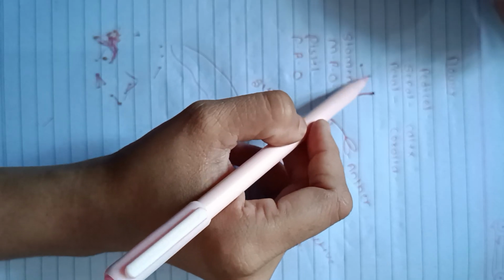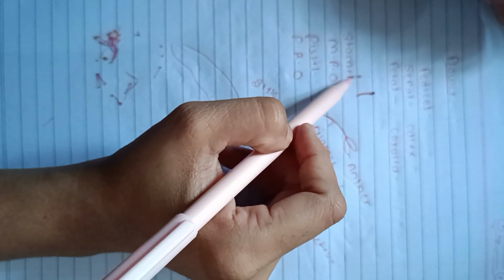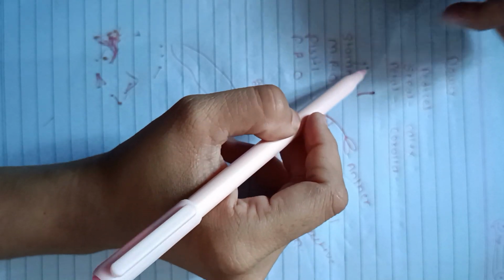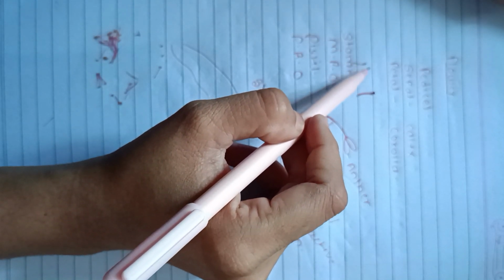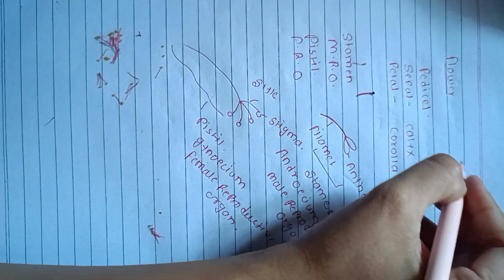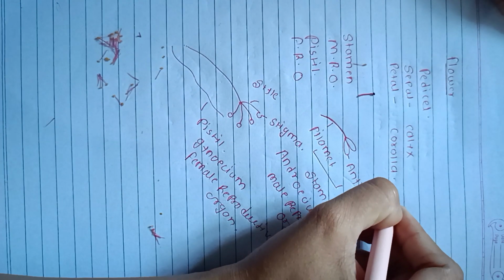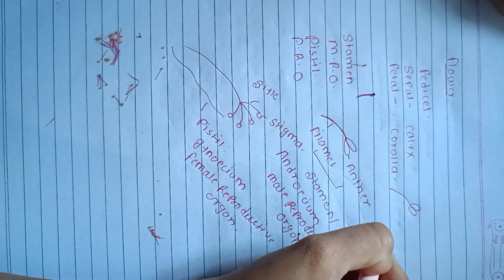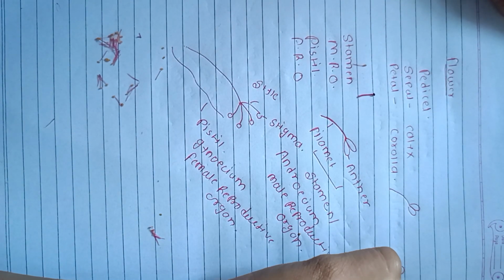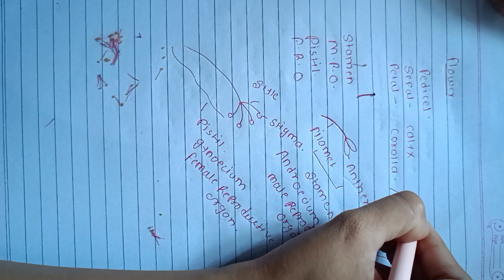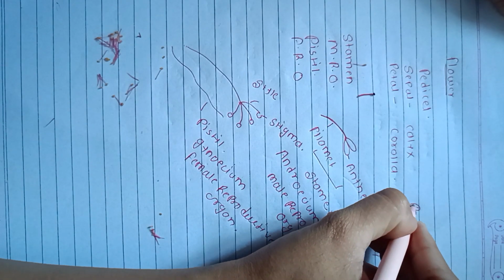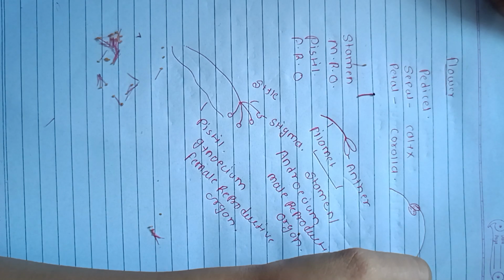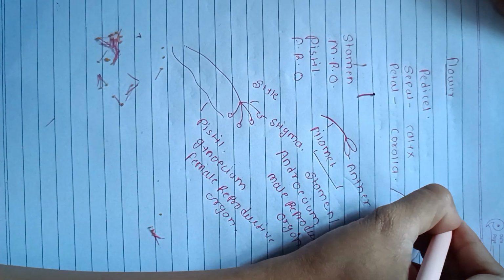So what is pollination? Transfer of pollen grains from the anther to the stigma of the flower. This is the anther, and this is the stigma. In this anther, pollen grains are present. So transfer of pollen grains from anther to stigma of the flower is known as pollination.